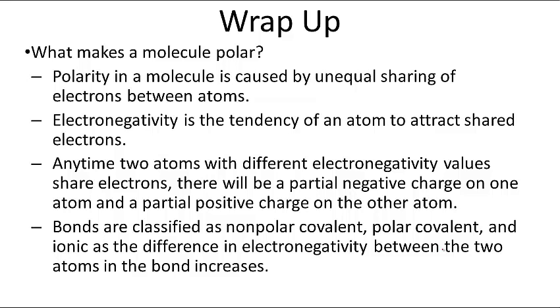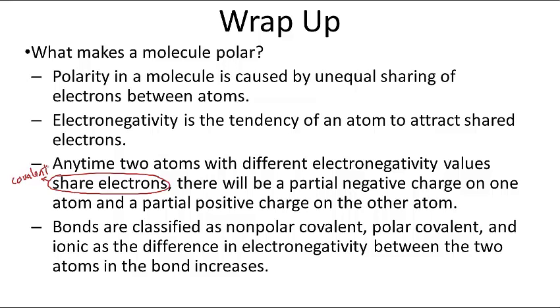So anytime two atoms with different electronegativity values share electrons, this means what kind of bond? That's right, covalent. There will be a partial negative charge on one atom and a partial positive on the other.